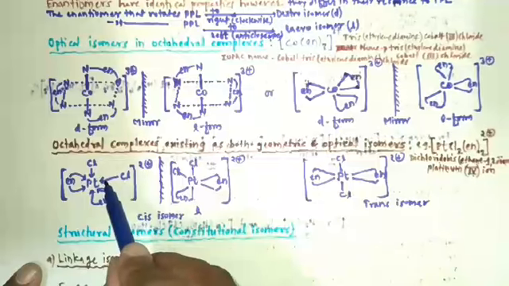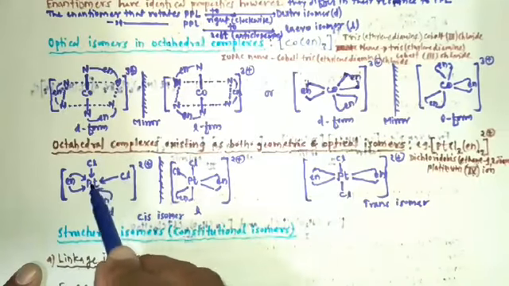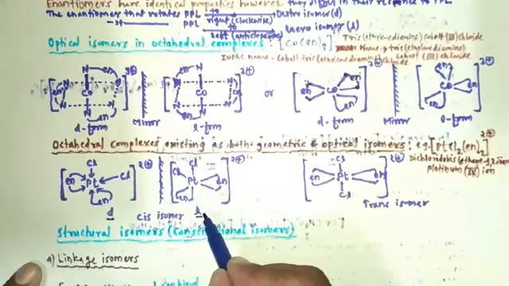These two are the mirror images, and these two are non-superimposable. Out of these, this is the dextro isomer and this is the levo isomer.